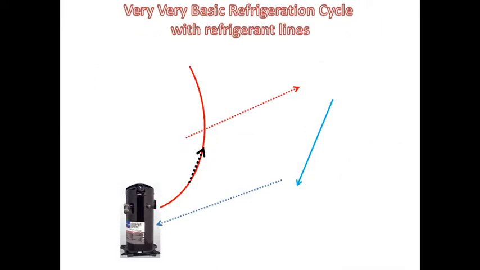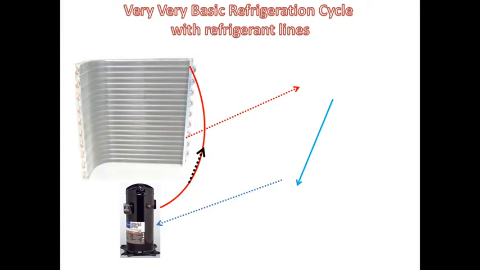Here is your second slide, the very, very basic refrigeration system with refrigerant lines. The compressor takes the high pressure, high temperature vapor to the condensing coil by way of this refrigerant line that's in red with a black dotted arrow.